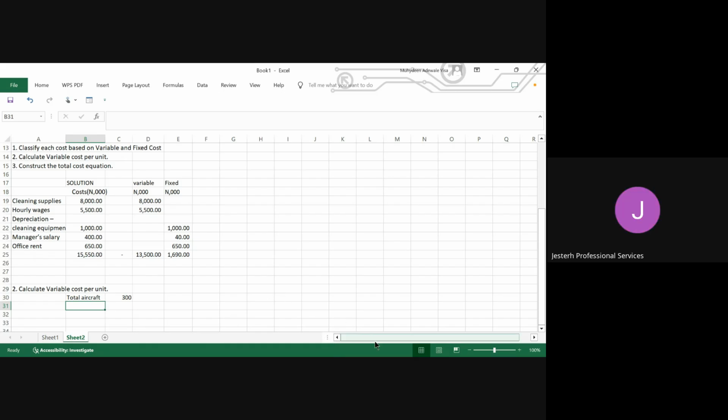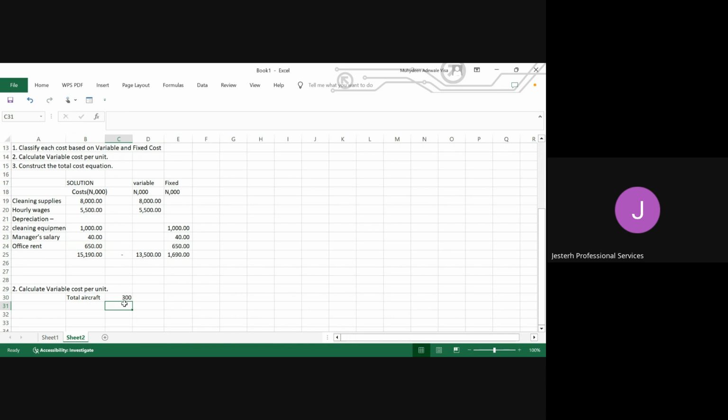It's supposed to be 40, not 400. Thank you for that. Supposed to be 40, not 400. Now, the total aircraft that this organization renders service to is 300.